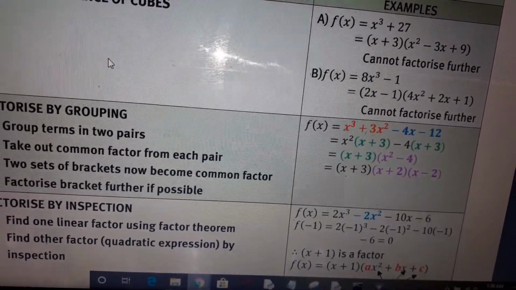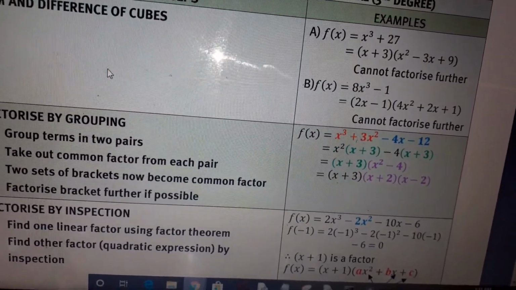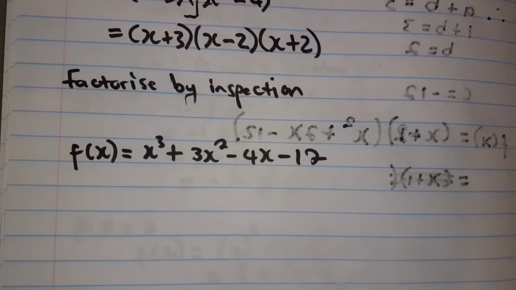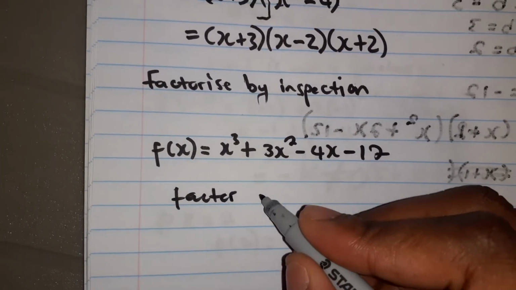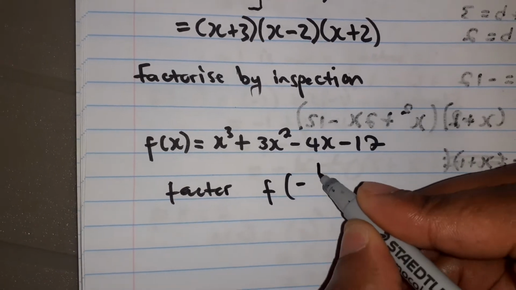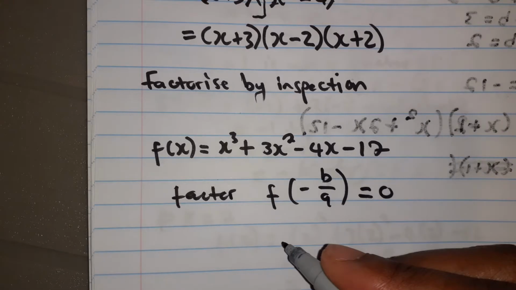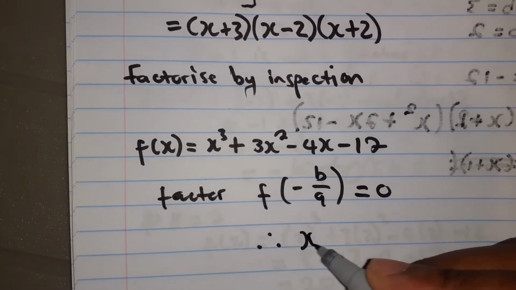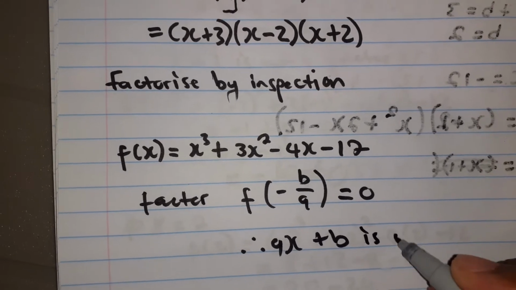Then we just want to go to the coefficients that come up as we slope. So the factor theorem here: if f of minus b over a is equal to 0, then therefore a times x plus b is a factor.